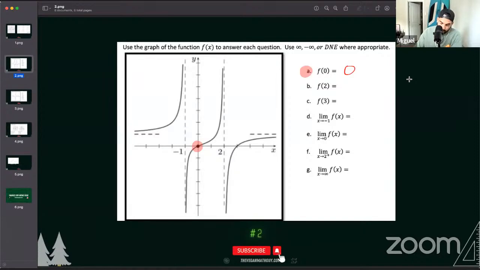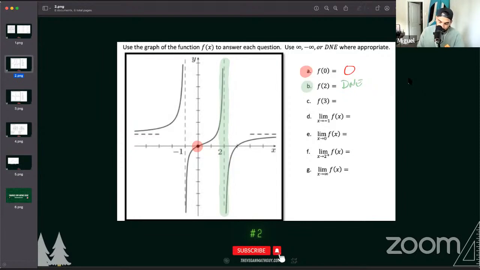Okay, what about number 2? Now they're asking for f of 2. What is the y value when x is equal to 2? Well, if we go to our graph, x is equal to 2, looks like there's going to be a vertical asymptote. So in this case, we say does not exist, undefined. The directions are asking you to write DNE if it doesn't exist. So we're just going to say DNE.